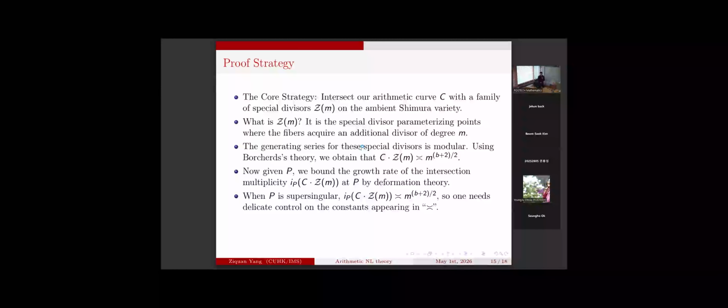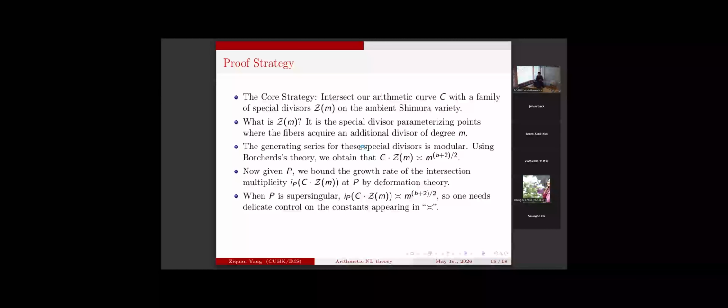So if your P is not supersingular, then the local growth rate is strictly smaller than the global growth rate. So then you know that there have to be infinitely many such points if every intersection point is not supersingular. But if you are supersingular, then the local intersection multiplicity does indeed grow on the same order as the global intersection number.